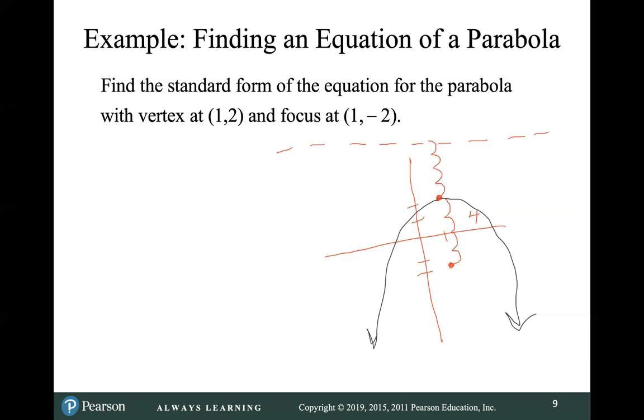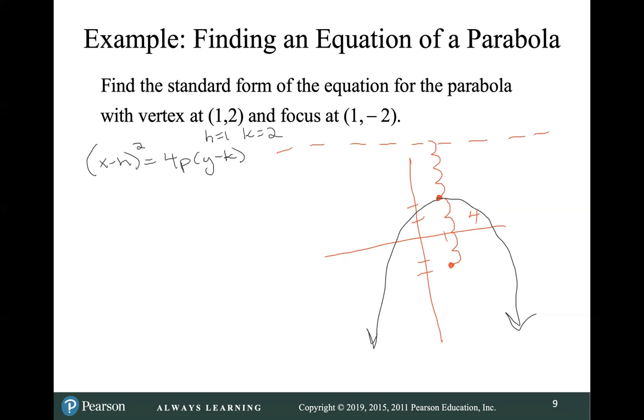That's opening downwards, so this is going to be an x squared equation, but I have h equals 1 and k equals 2. So I have x minus h squared equals 4p times y minus k. Sorry, the y is not squared.